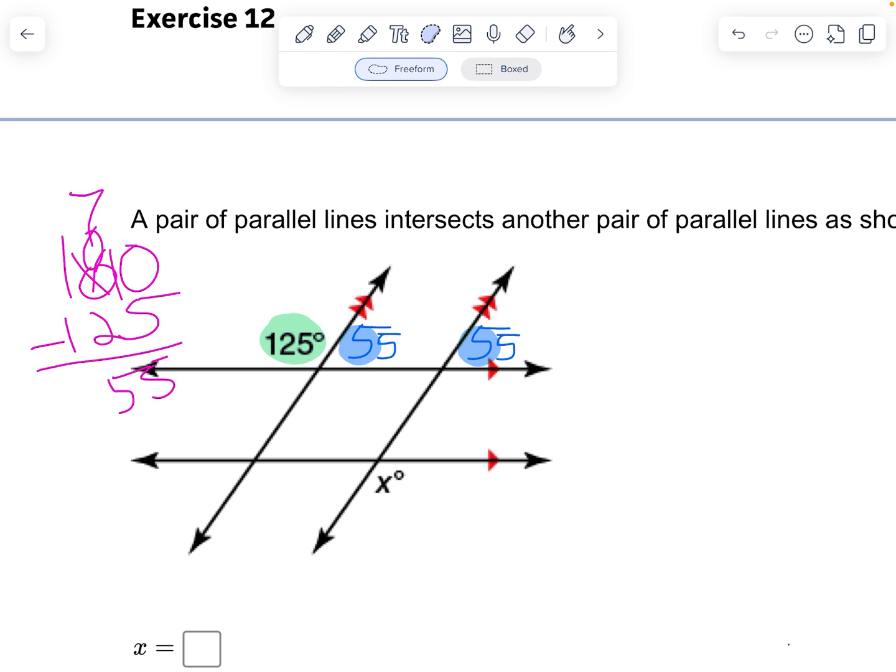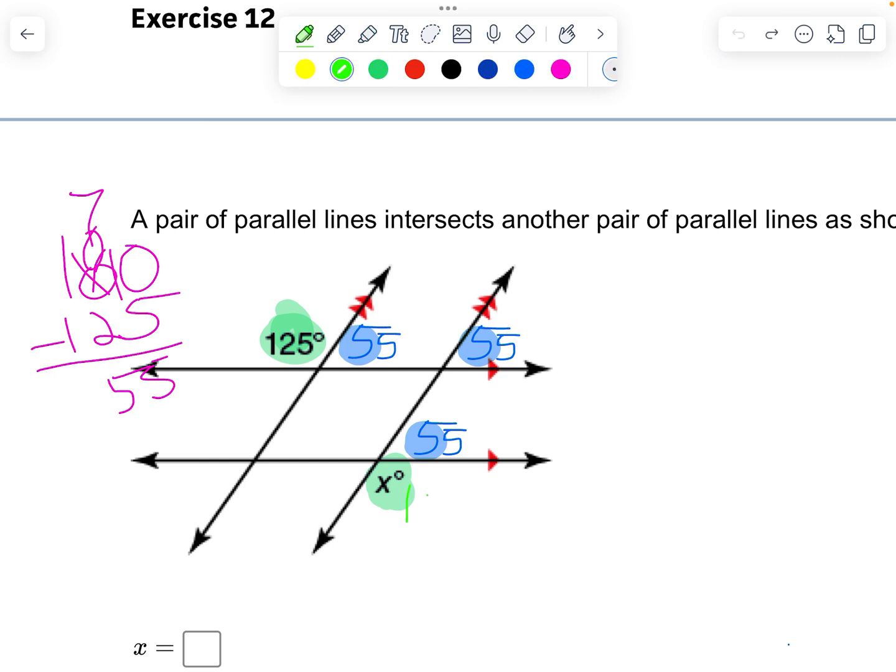And if this angle is 55 degrees, then this angle right here is 55 degrees, because those are corresponding angles as well. And if this is 55, well, then guess what? The x right here is the same as the one up here on top. So this one is 125.